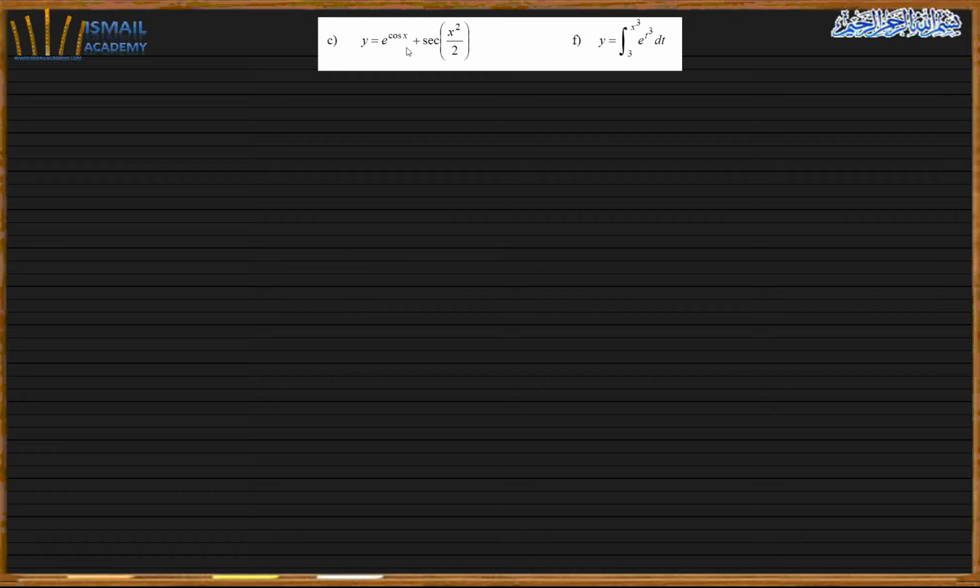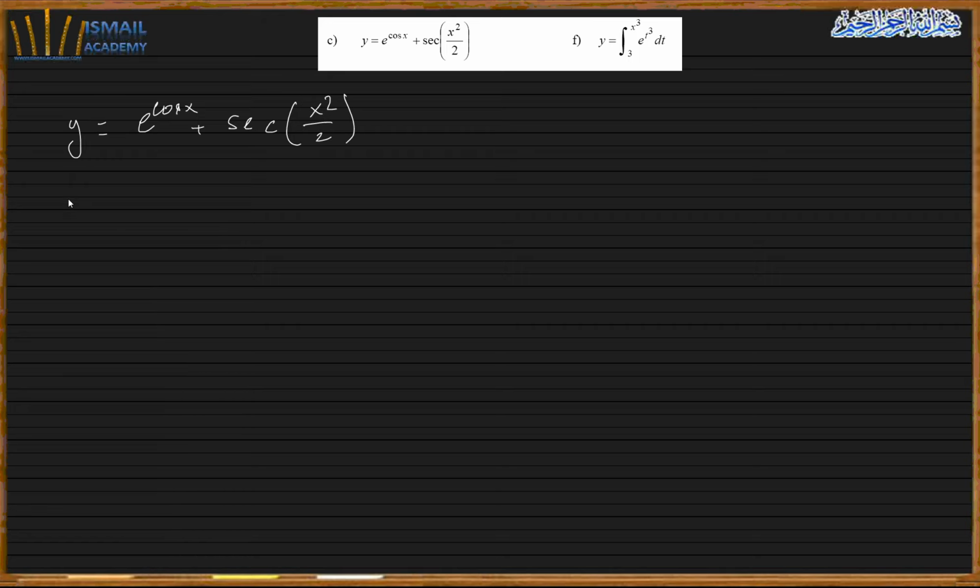Next question. Here is a derivative using exponential and secant. We know the derivative of secant is secant tangent. So here we have y equals e to the cosine of x plus secant of x squared over 2.